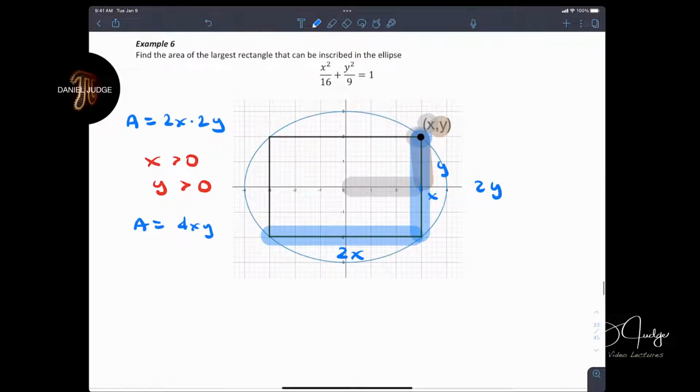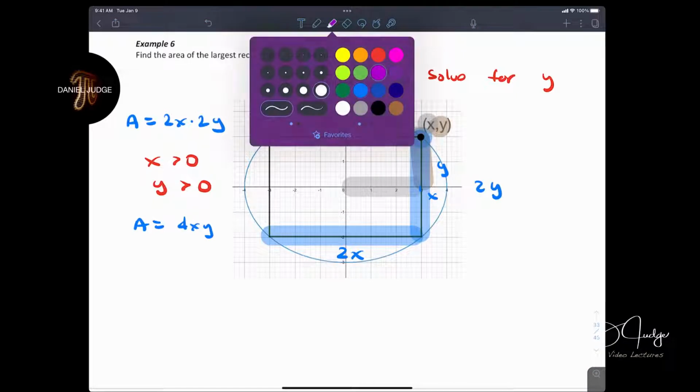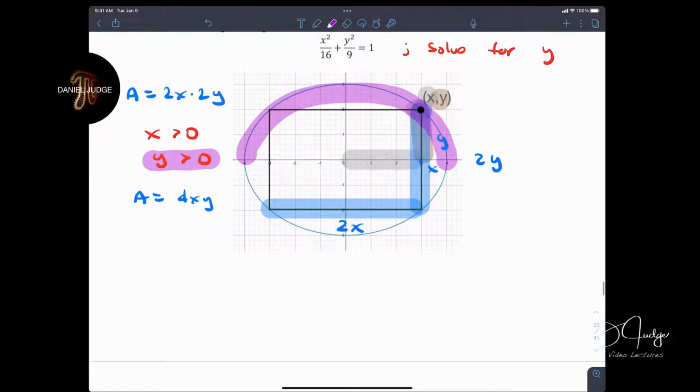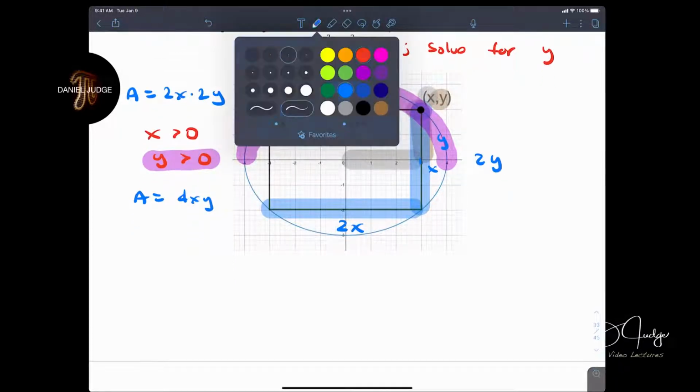So we want to get a handle on having a function of a single variable. This is a function of two variables, x and y. So what I'll say is go to the original ellipse here and solve this ellipse for y. If we take what's called the positive solution, the top portion here, we have to solve that equation.